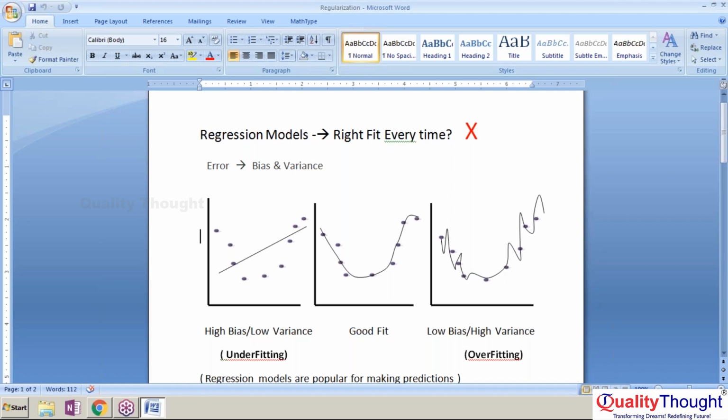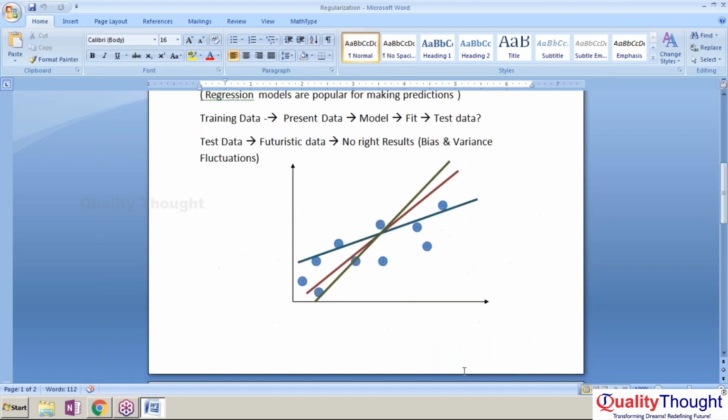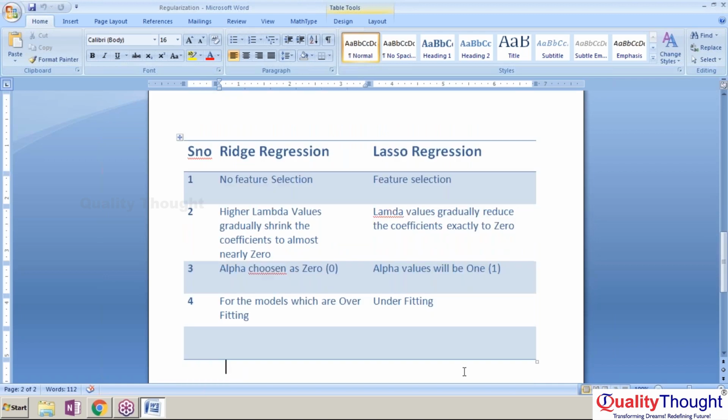Did you all understand, Suresh? That's really good. So now, in order to work with ridge and lasso regression, what are all the things that we need to understand and consider?